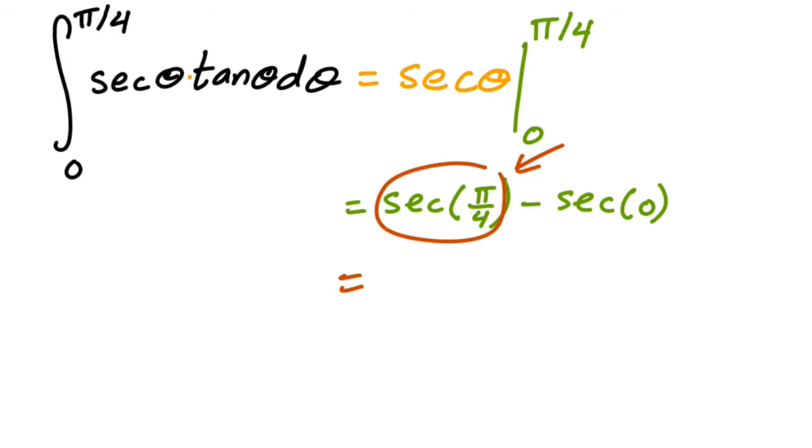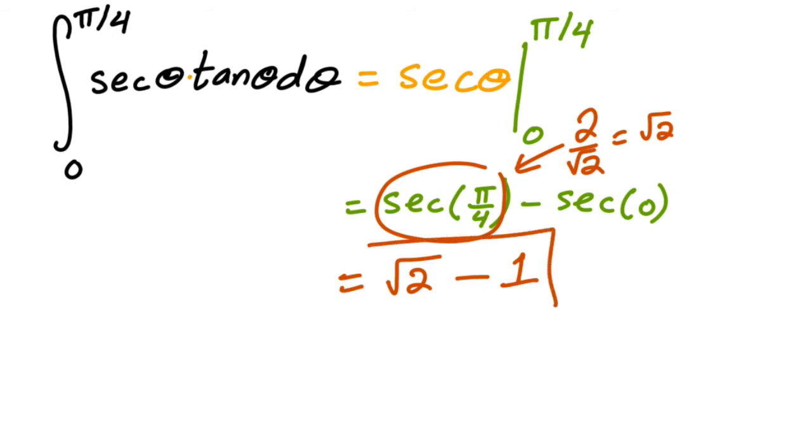Since cosine of pi over 4 is root 2 over 2, this is going to be 2 over square root of 2, which also reduces to just square root of 2. So I'm just going to write square root of 2. And then minus secant of 0, that's equal to just 1 because cosine of 0 is 1. And so that's how easy it was. That's it.